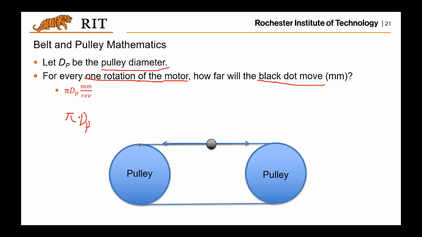And that will be the motion of this dot. That gives you how much the dot will move if the pulley revolves one turn, in this case also the motor revolves one turn. This gives you this number here. Does it make sense to you? Any question regarding here?